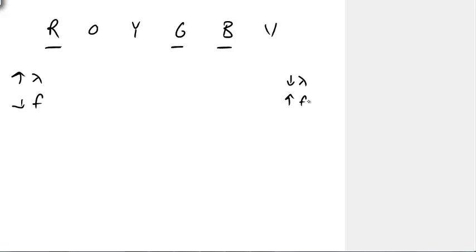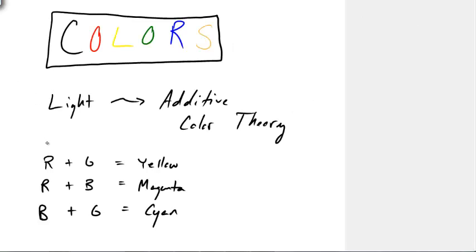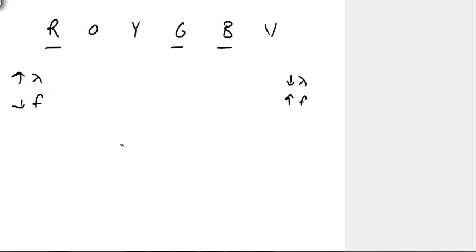So if I go long wavelengths, that would be red, plus middle of the road wavelengths, that would be green, then I get yellow.